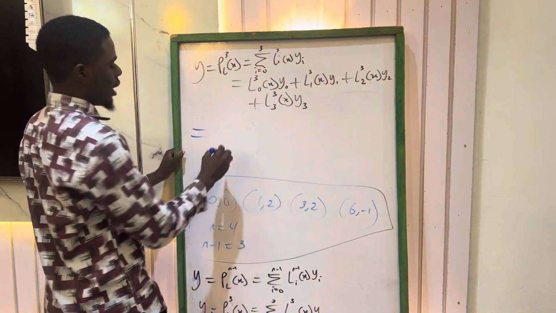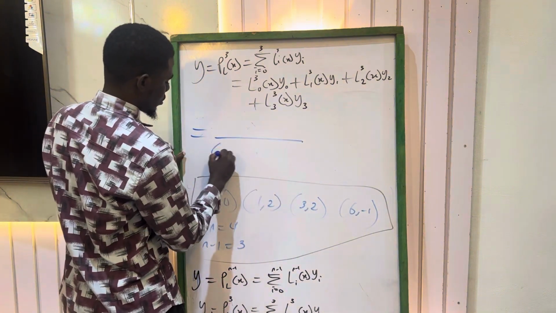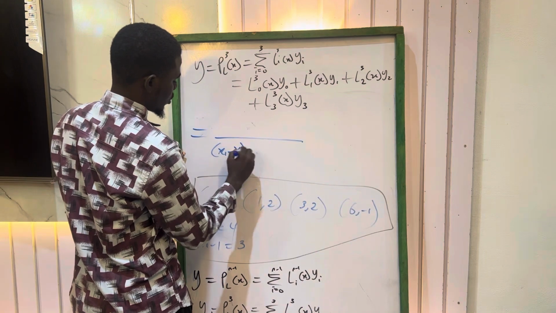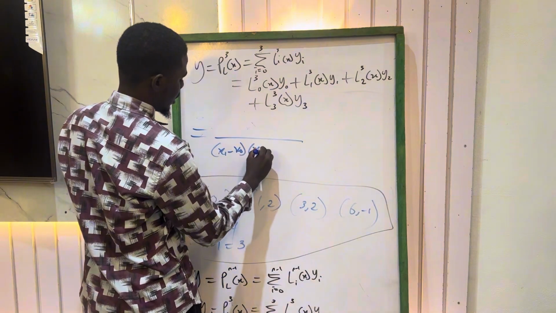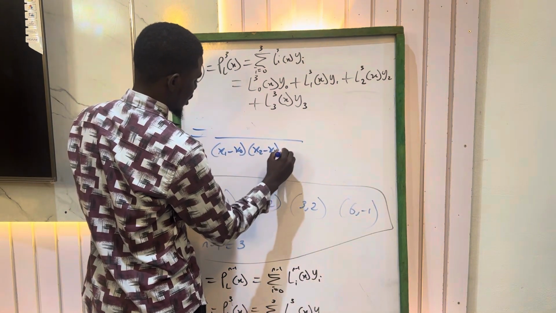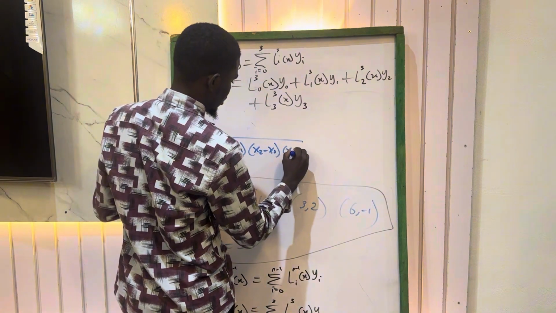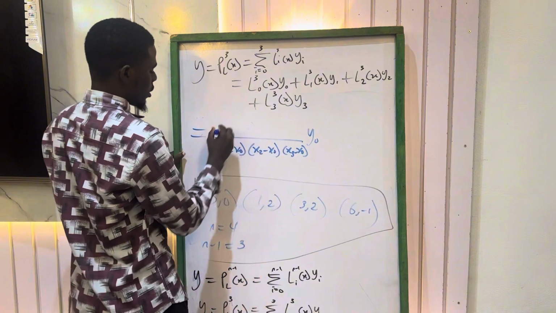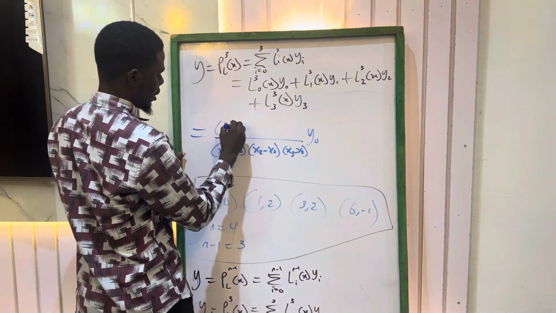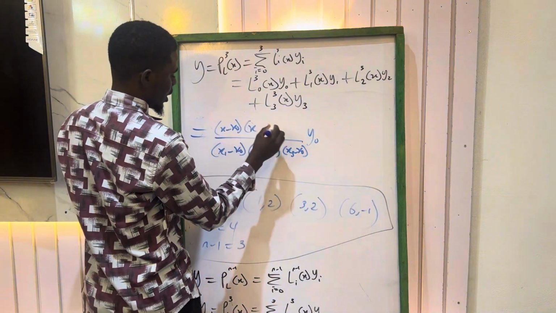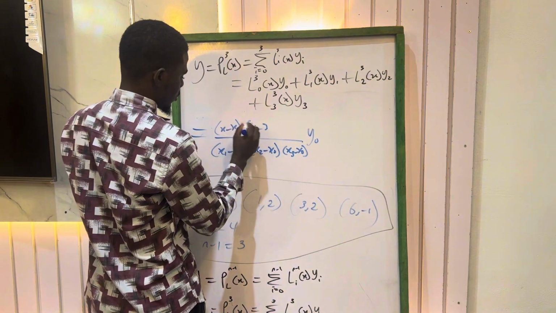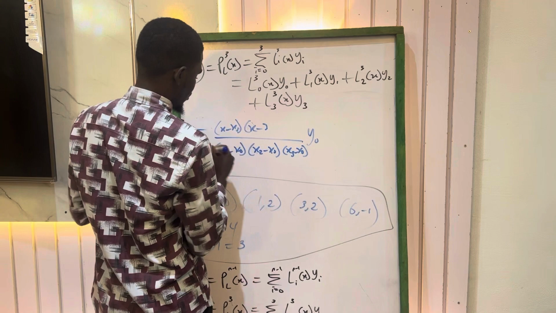We can write this as x_1 minus x_0 multiplied by x_2 minus x_0 multiplied by x_3 minus x_0 multiplied by y_0, which is what we have here. Then on the top, we're going to have x minus x_0.